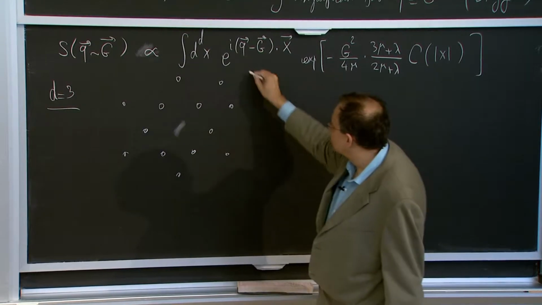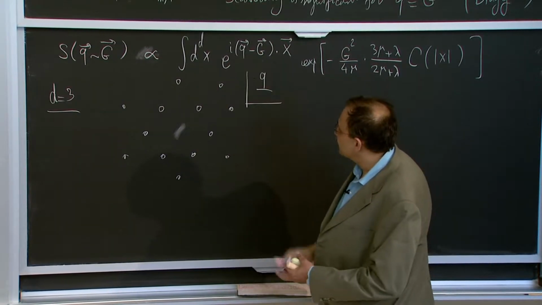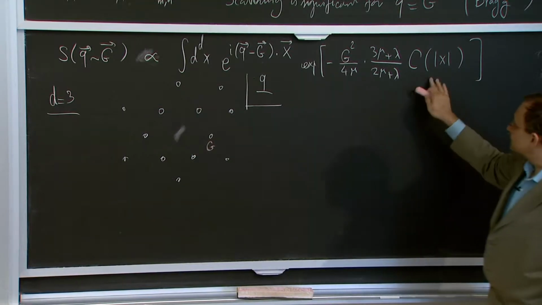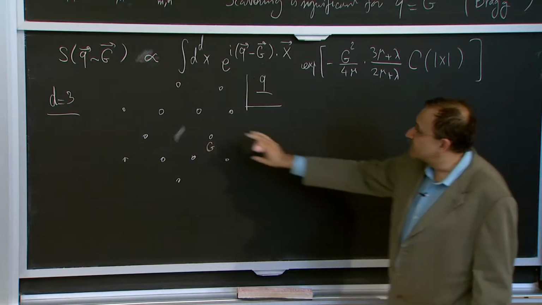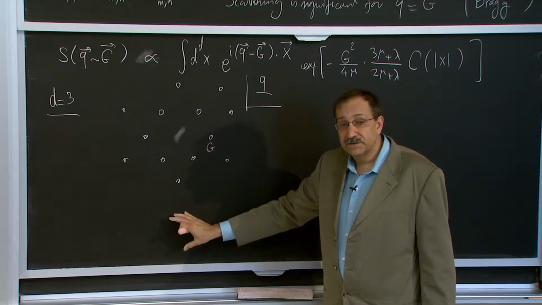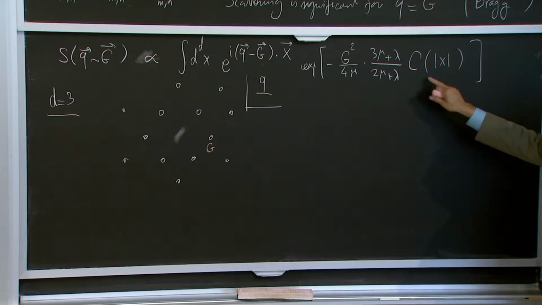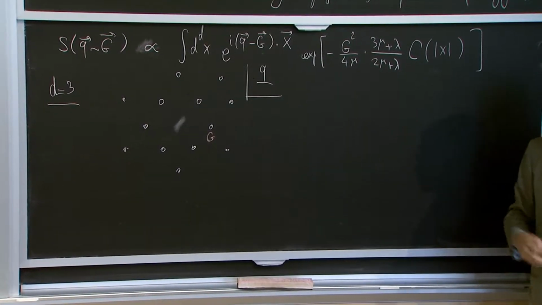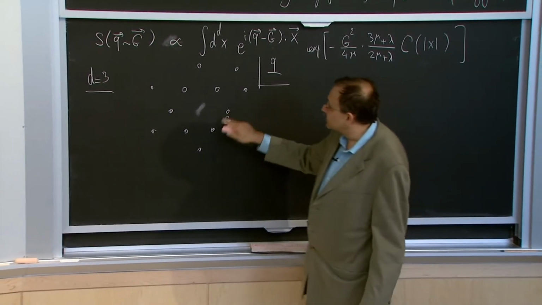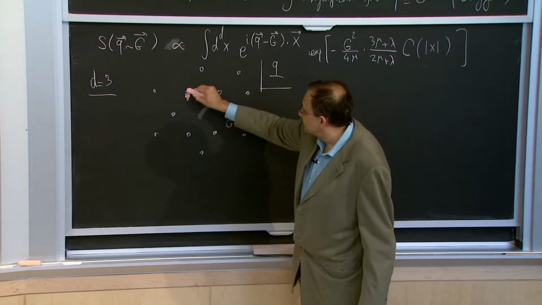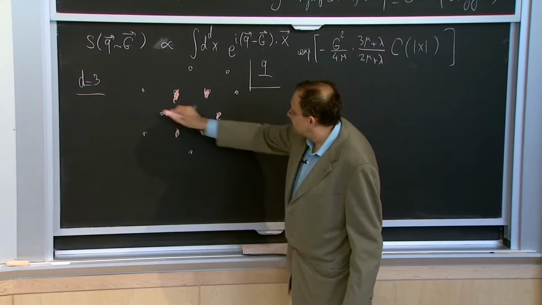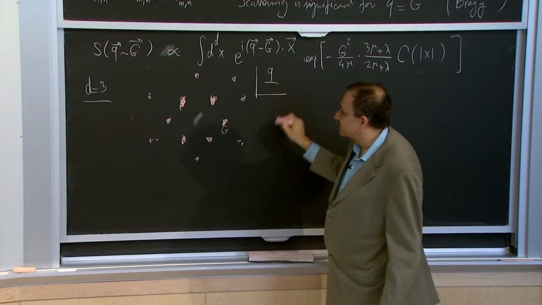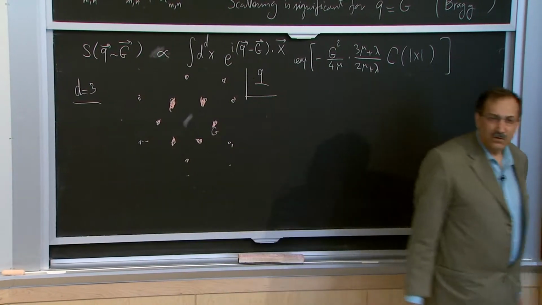So this is essentially the space of Q, and these are the different values of G. Now what happens is that the strength of each one of these delta functions is modulated by this factor evaluated at the corresponding G. And since it is proportional to G squared, you find that the spots that are close to the origin are well defined. As you go further and further away, they become weaker, and at some point you cease to see them.